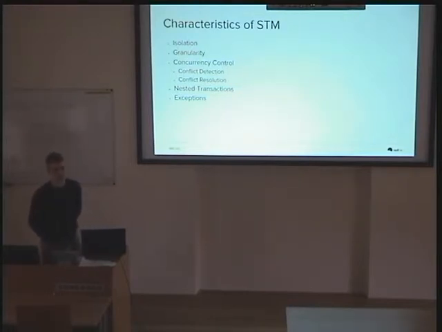In STM, there are different flavors of nested transactions, but the most typical one, and I won't go into too much detail, is that if the nested one commits, then the top level continues, and those commits are not exposed to the environment until the top level one commits, etc.